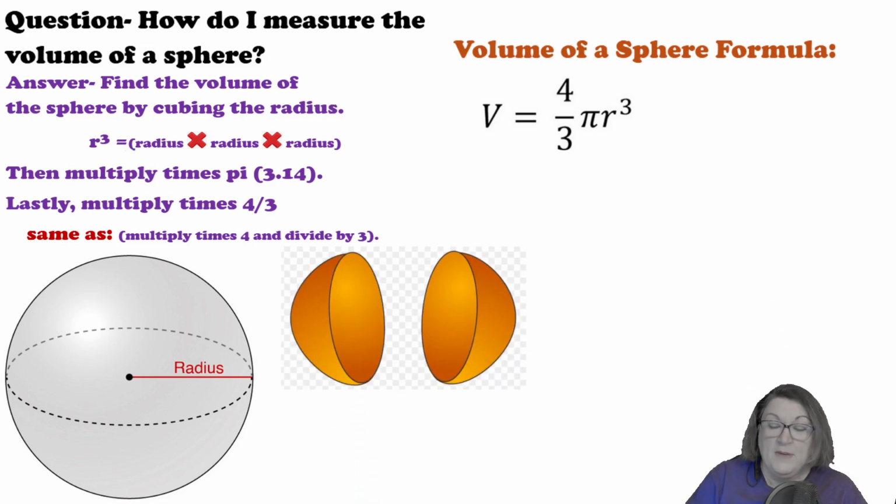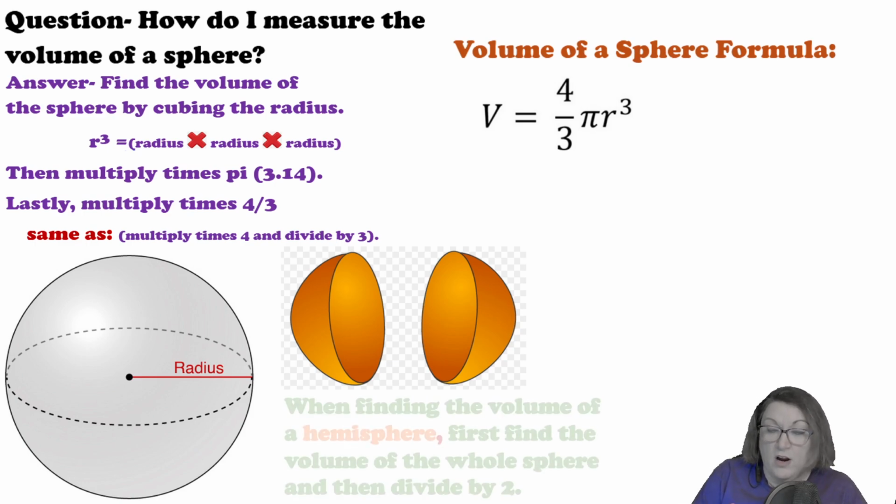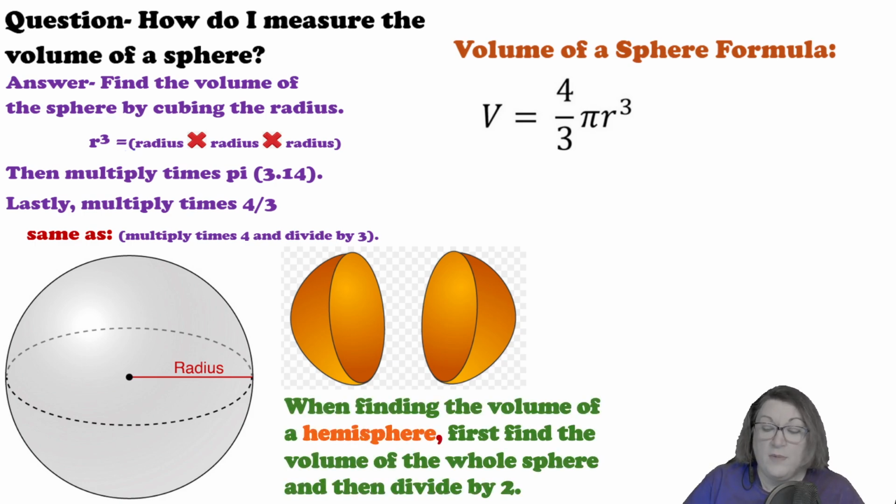So hemispheres. Hemispheres are when we take a sphere and we cut it in half, just like we would if we cut an orange in half. If you are finding the volume of a hemisphere, you have to first find the volume of the entire sphere using the sphere formula, and then just divide it by 2, because when we cut things in half, it's the same as dividing by 2 or multiplying times the fraction 1/2.